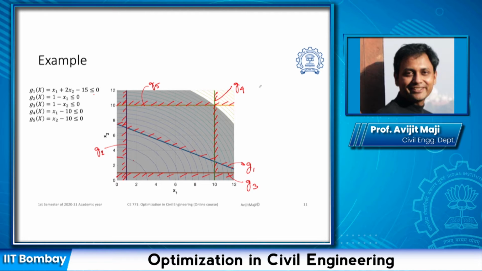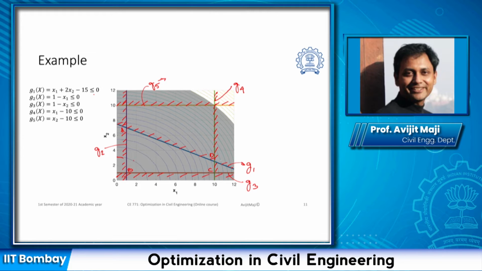Now in this example, in the graphical representation, it is very clear to us that this particular constraint is redundant and is going to remain permanently inactive. Our active region or feasible region lies between A, B, C and D.